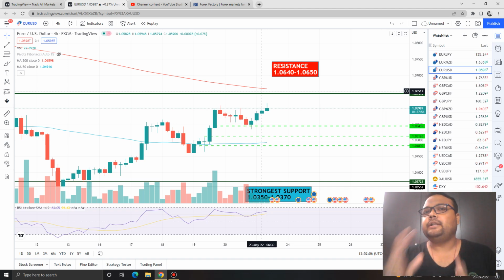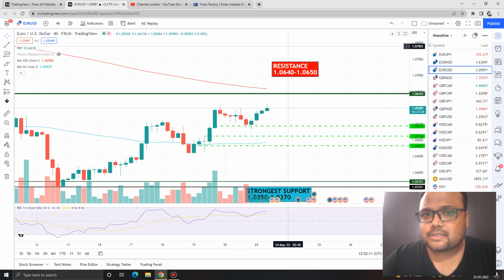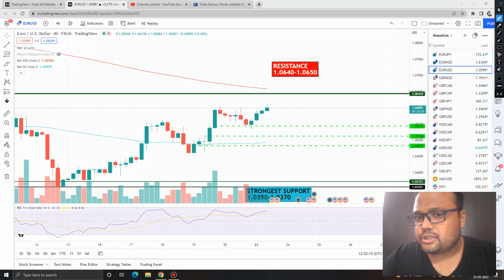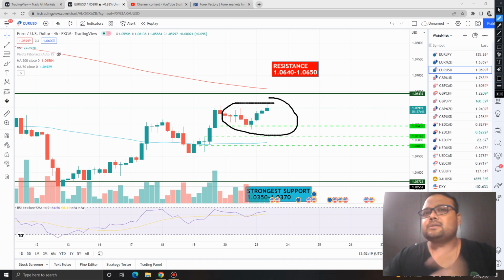As of now, due to the uncertain conditions of the market, I'll suggest you not to take any position. But if you have already taken a sell position, then you can be on the trade, because we have a resistance. But is it a very reliable one? No, this is not a very reliable one.